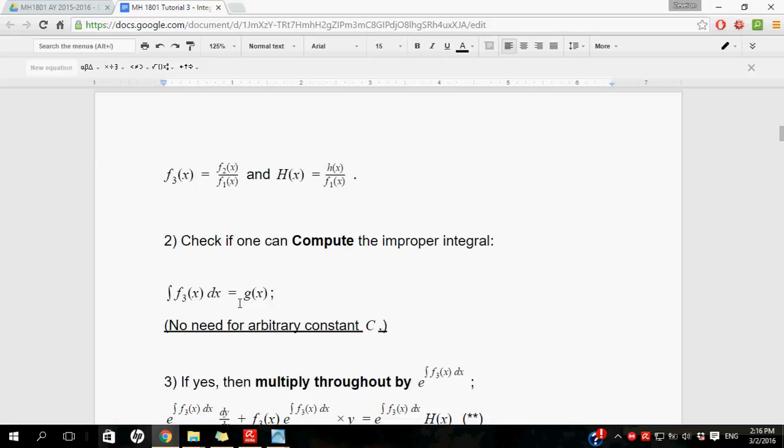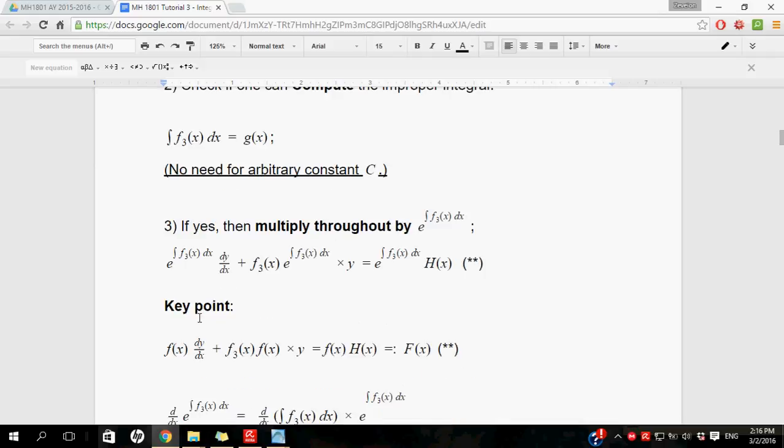If we can compute this integral, then the integrating factor that we use to multiply throughout our differential equation is e to the integral of f3. So that is what we do next.